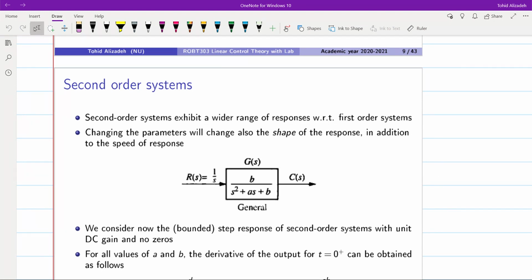And our second order system could be illustrated in the form of a transfer function with b over s squared plus as plus b. So over here we assume that the DC gain of the system is equal to 1, and there are no zeros.